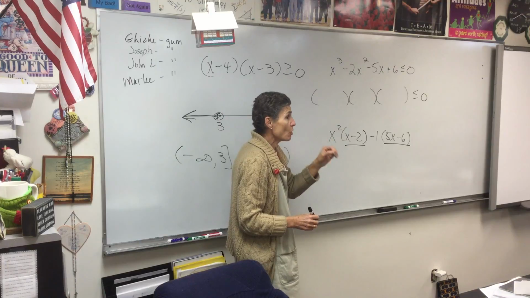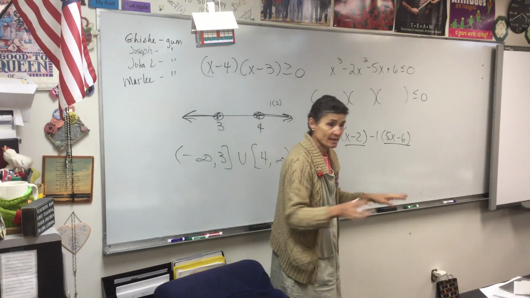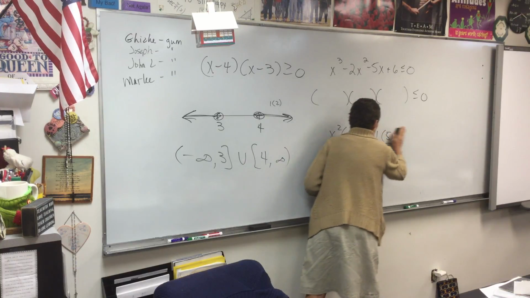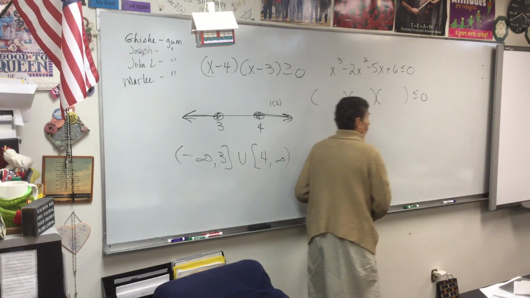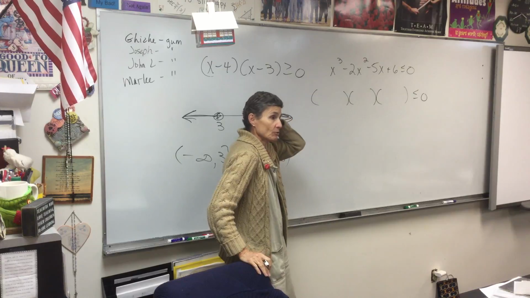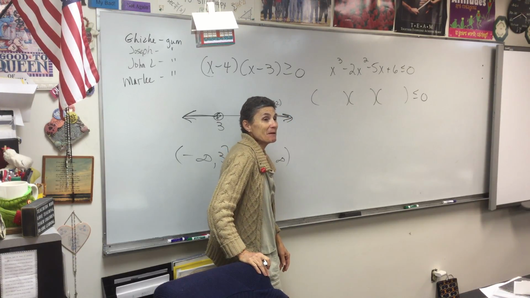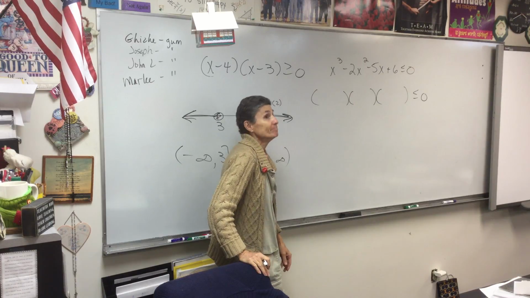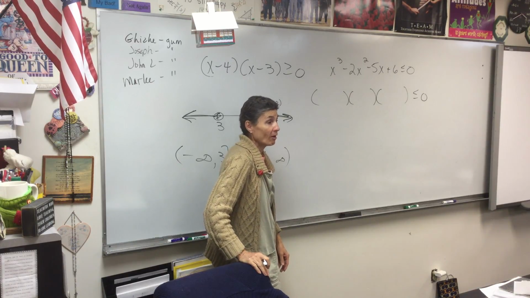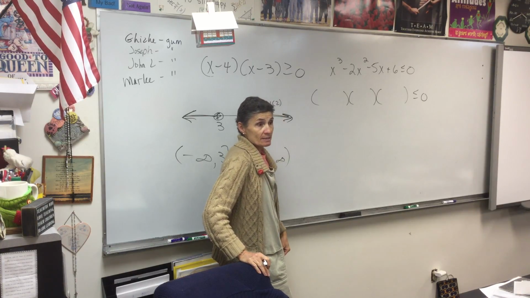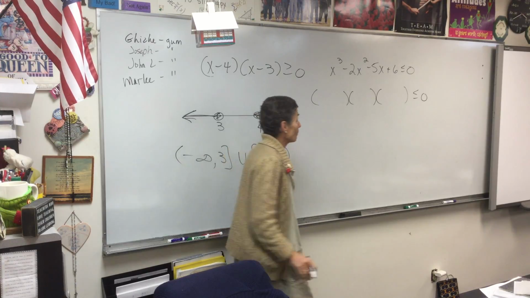Groupies, if those don't match, it's not happening. So this does not factor by grouping. What do I do when they don't factor by grouping? Samantha? Take the factors. Yep, we call them PRRs. Here we go. And we start guessing until we get something that equals 0, and then we divide it out.